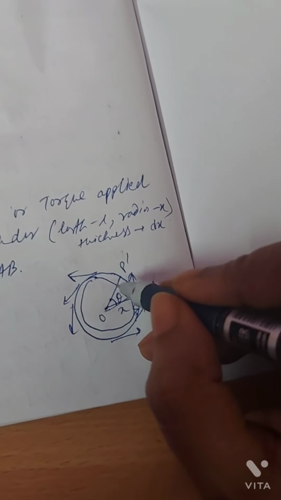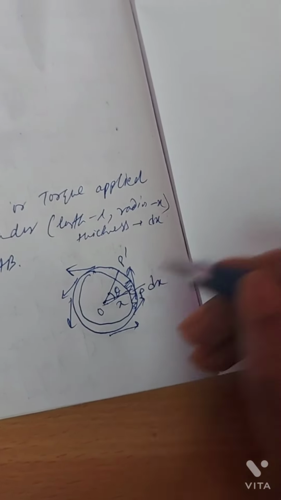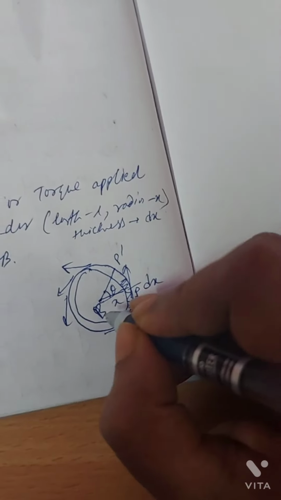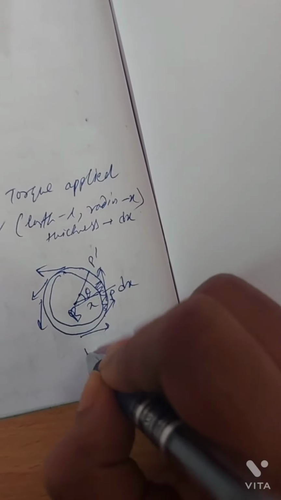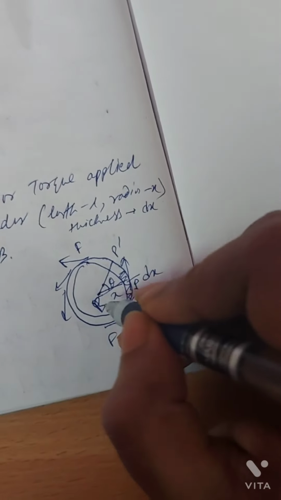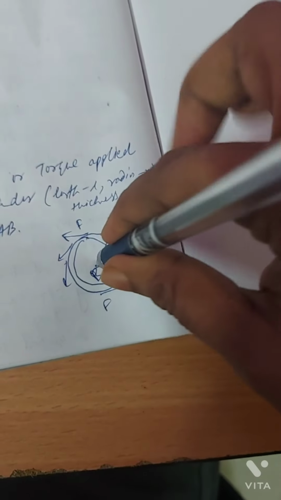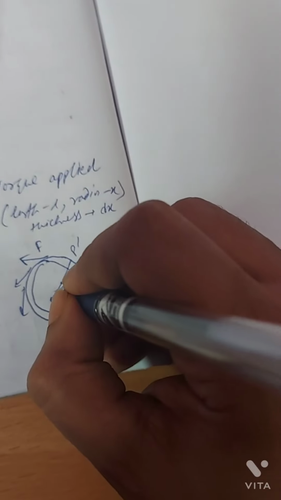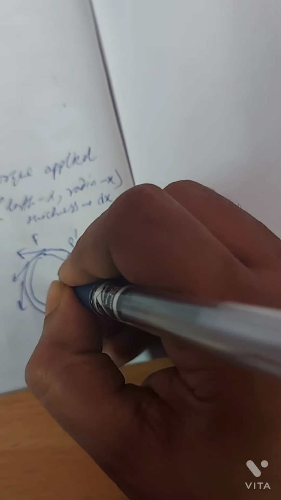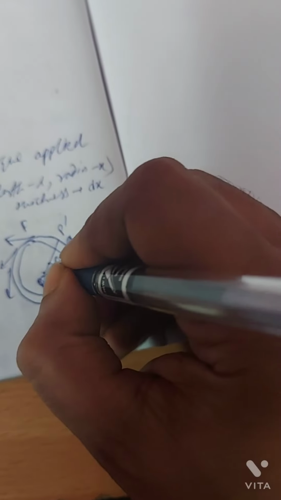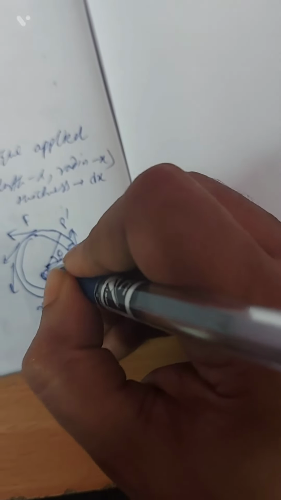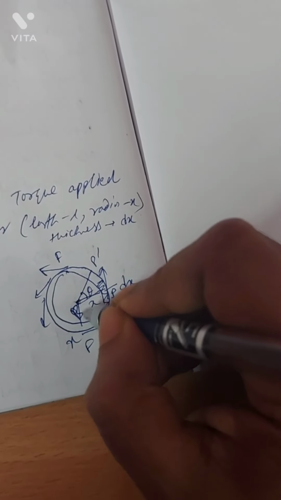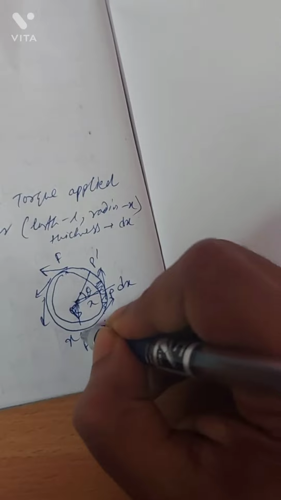Because of this turning, it produces a shearing strain phi in the perpendicular direction. These forces are acting about this axis, perpendicular to the plane of the paper, and the distance from the axis to this point is x. This is x plus dx, but you can take x as close to x plus dx.